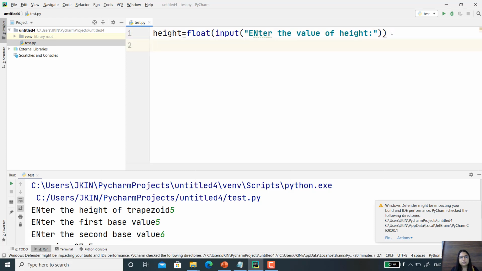Now next the user will enter the radius, that is radius equals float, then input, enter the radius of cylinder.